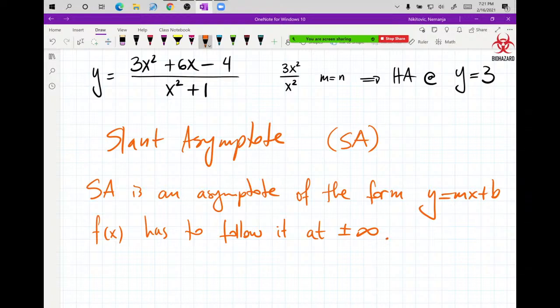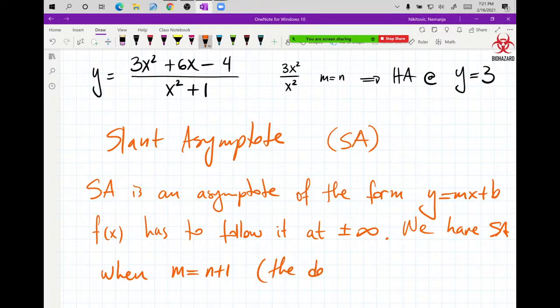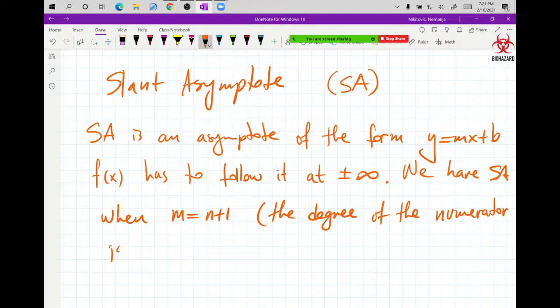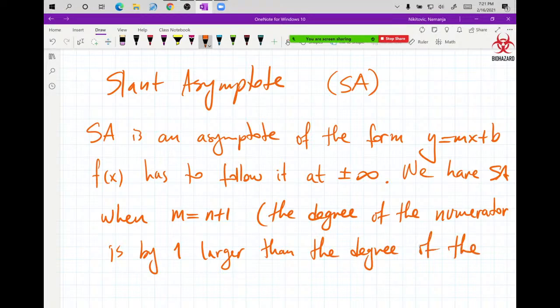Okay. We have SA when m equals n plus 1. The degree of the numerator is 1 larger than the degree of the denominator.